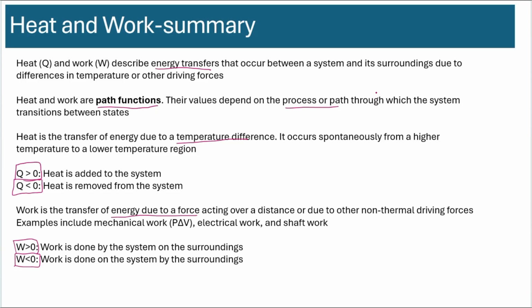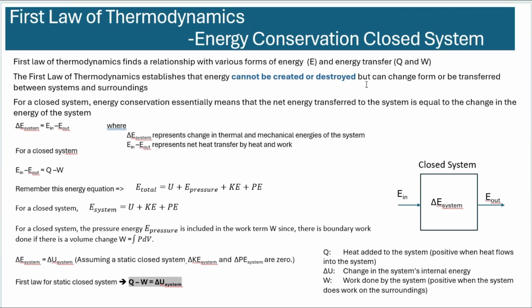All right. Now let's get into the first law of thermodynamics finally. The zeroth law we had discussed earlier. Now we are getting into the first law of thermodynamics. So far we have considered various forms of energy and energy transfer. When we talked about energy, we talked about kinetic energy, potential energy, internal energy, all of that. And when we talked about energy transfer, we talked about heat and work.